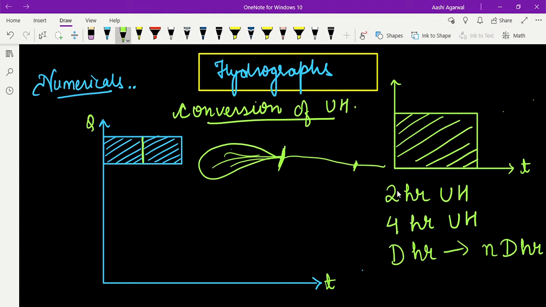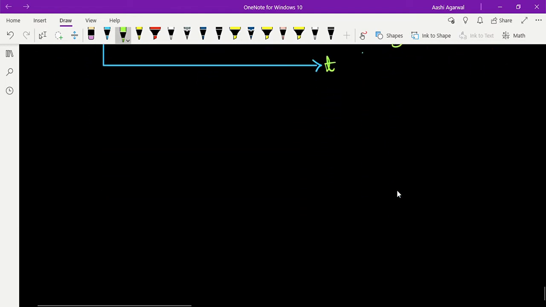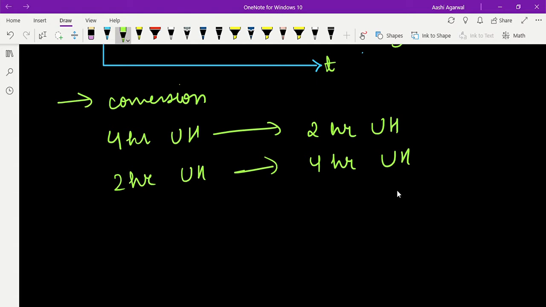Just ignore these two graphs and try to understand here. This conversion can go two ways. For example, you have a 4-hour unit hydrograph and you want a 2-hour unit hydrograph. Or you have a 2-hour unit hydrograph and you want to know the 4-hour unit hydrograph. We are only going to look at this method, not this.